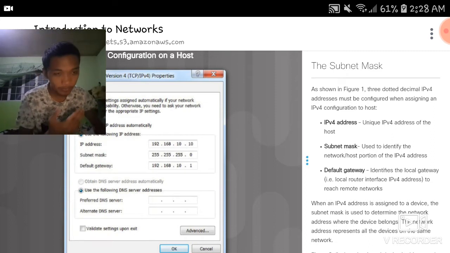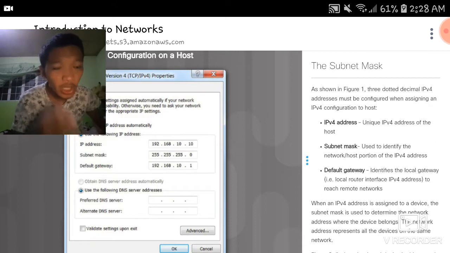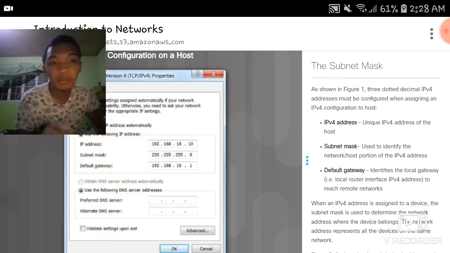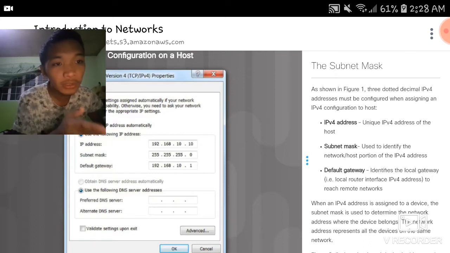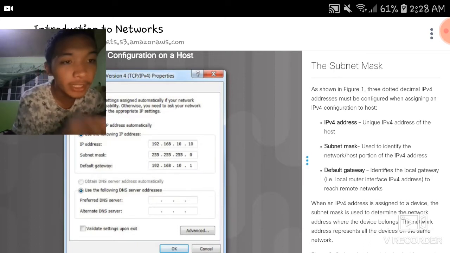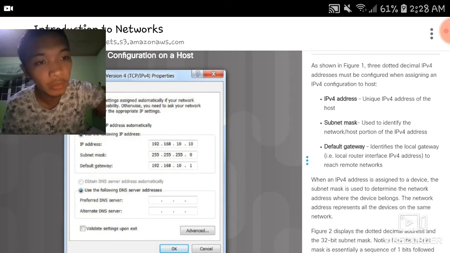Second, the subnet mask, used to identify the network or host portion of the IPv4 address. Third, the default gateway, which identifies the local gateway, the local router interface, to reach remote networks.